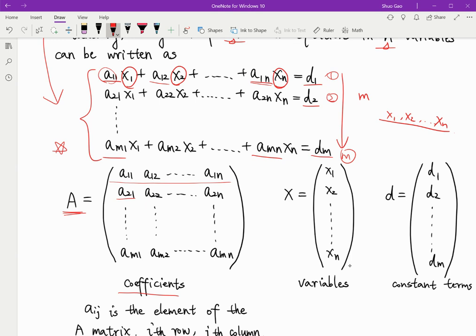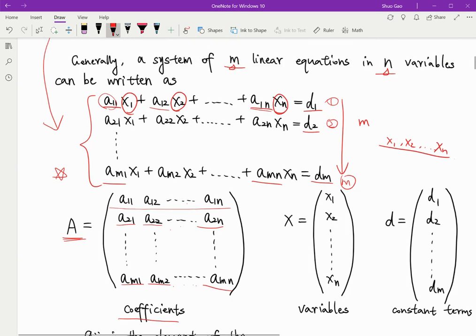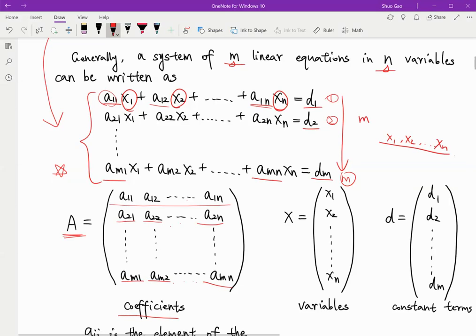So that's A21, A22, and A2n. And for the last equation, the m-th equation, we also have n parameters. That's am1, am2, and amn, right? A lot of things in the middle. So we have combined all the coefficients in those equation systems into one large matrix form.